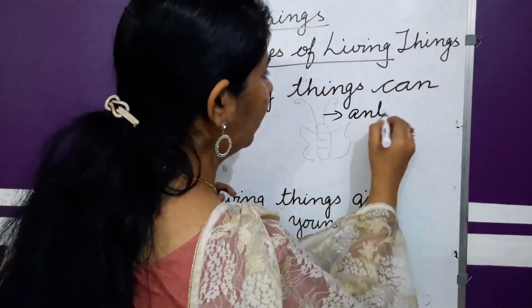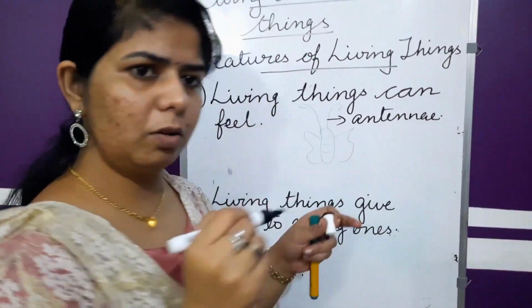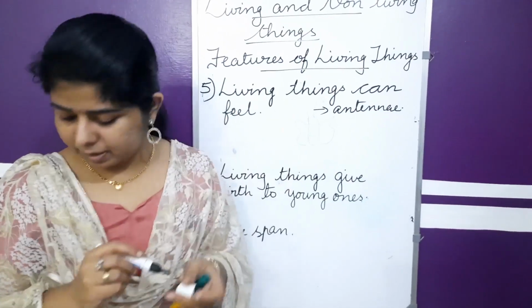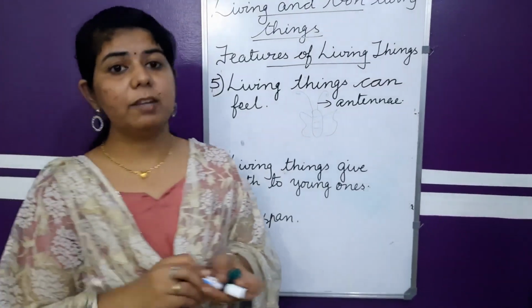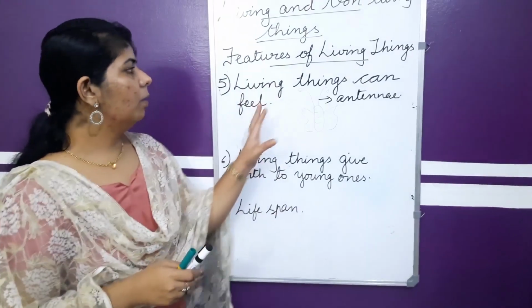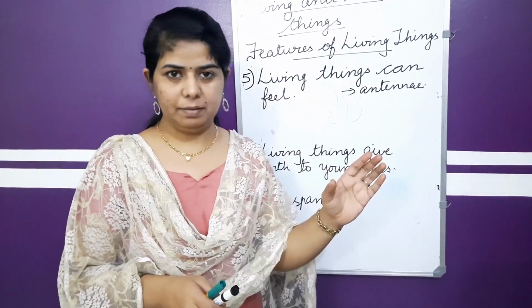Not only the butterfly, most insects, like the cockroach, have this part. That part is known as the antenna, with which it senses the surroundings. So that is the fifth feature, that living things can sense.